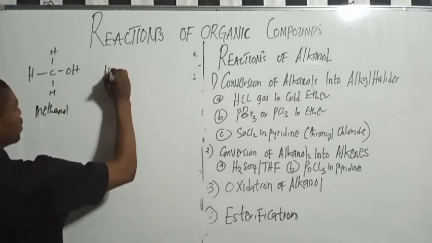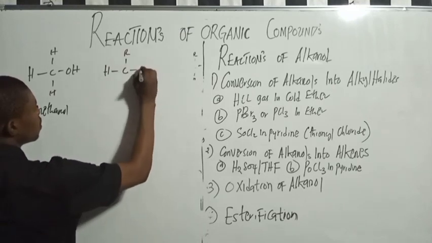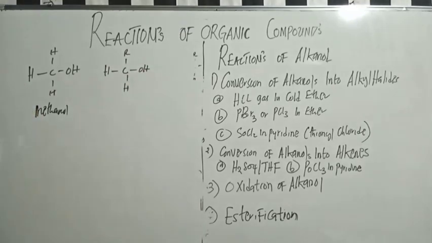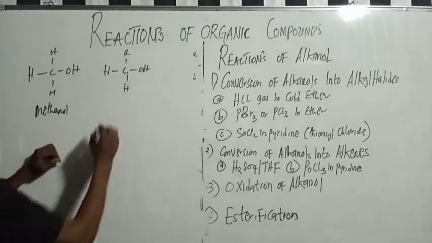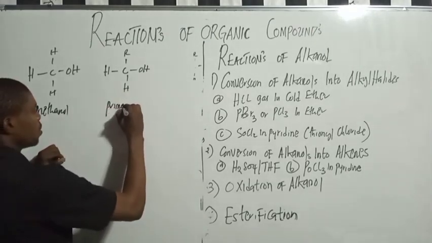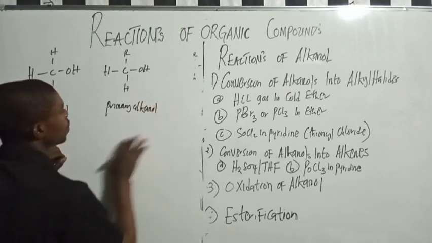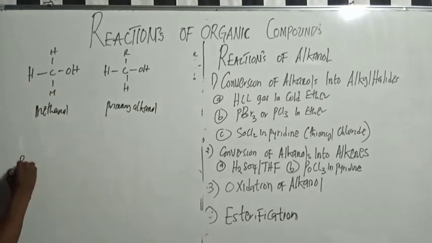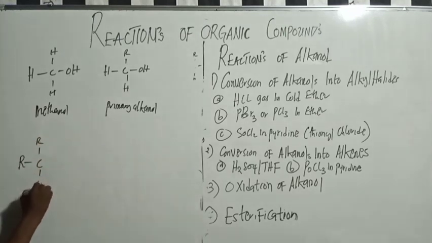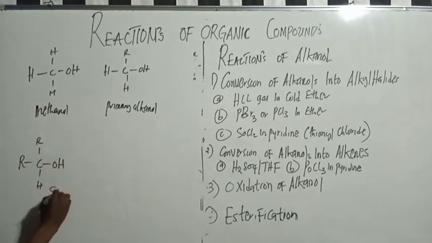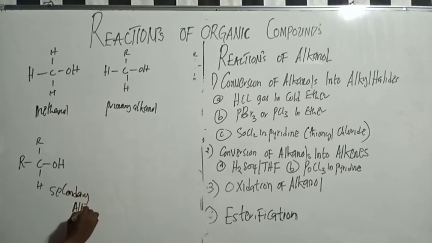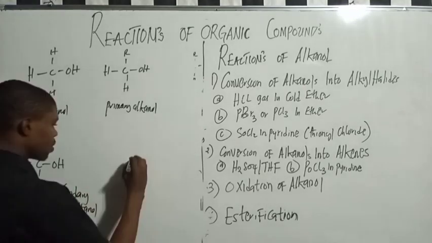Now if I have this one here, this is called primary alkanol. Then when you have something like this, this is called secondary alkanol. Then here we have tertiary alkanol.